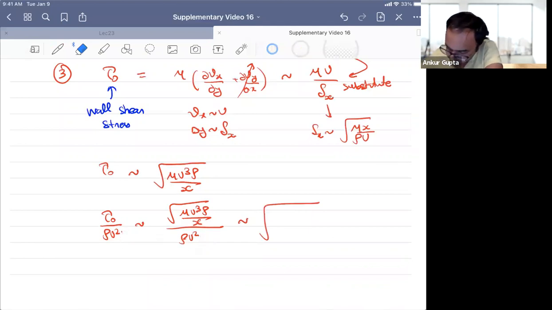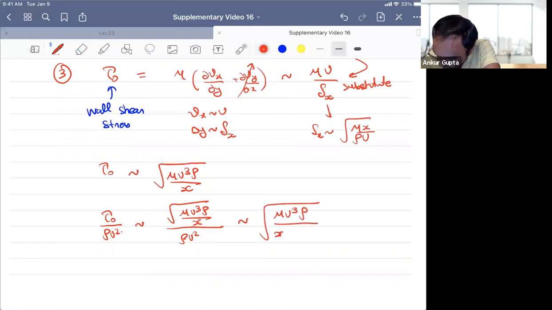we'll just say rho u square, and this is mu u cube rho by x, rho square u to the fourth, because I'm just taking everything inside the square root.